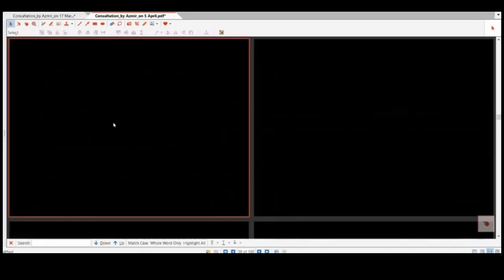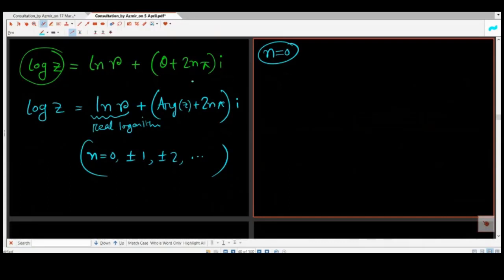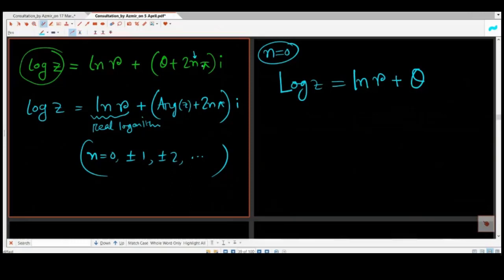Let's say we need to have a single branch. So first of all, what can we think about? We can think about inputting n equals 0. So if we input n equals 0, this small l will become capital L. So principal value of complex logarithm equals natural log of r plus i times the principal argument, since n equals 0. That means this term vanishes.